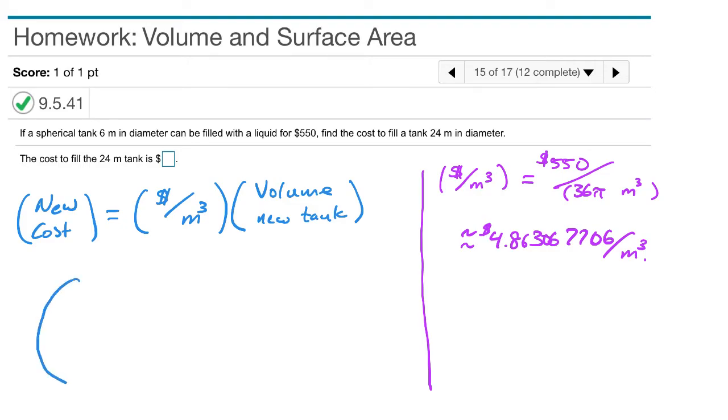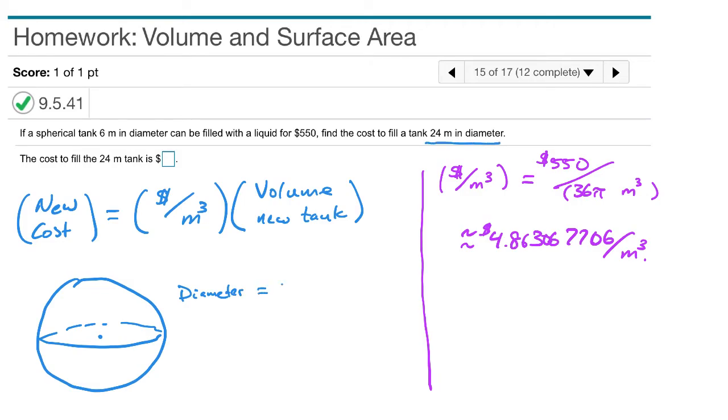And so for that one, again, we're dealing with a sphere. So we've got a sphere that has this shape to it. And again, we're told that the diameter of that new sphere is going to be 24 meters. And so that's going to tell us that our radius, again, is going to be half that. So our radius is going to be 12 meters.